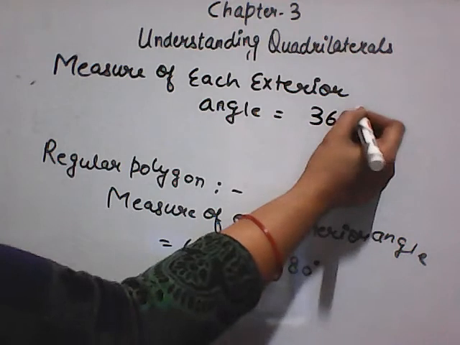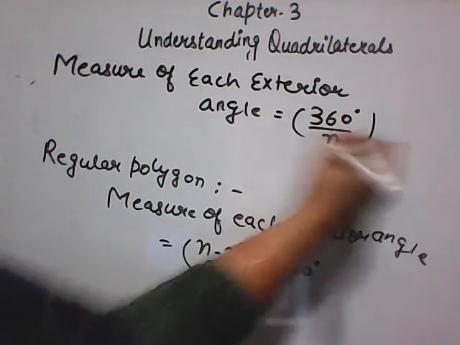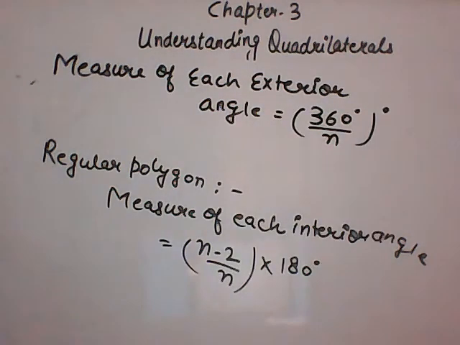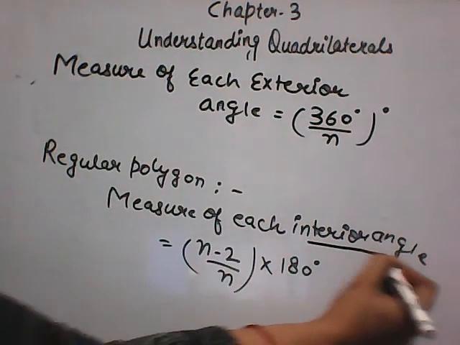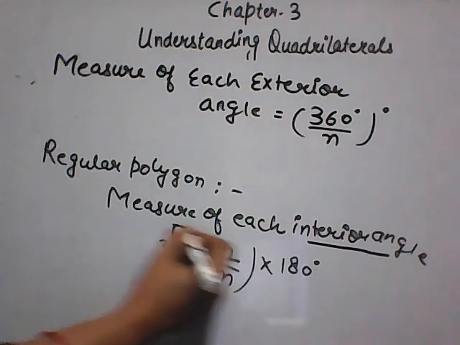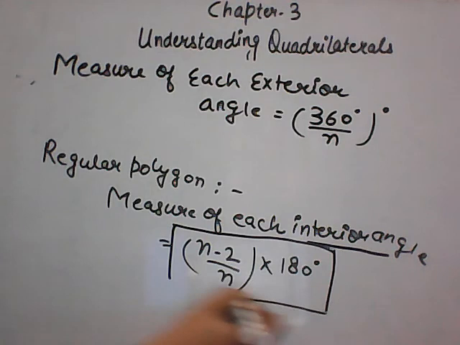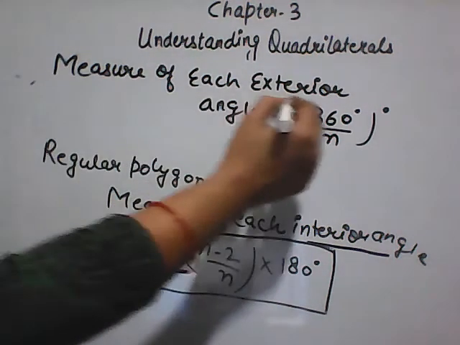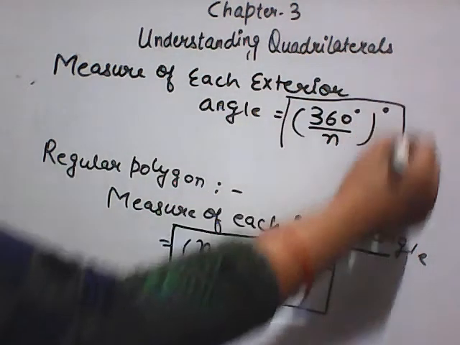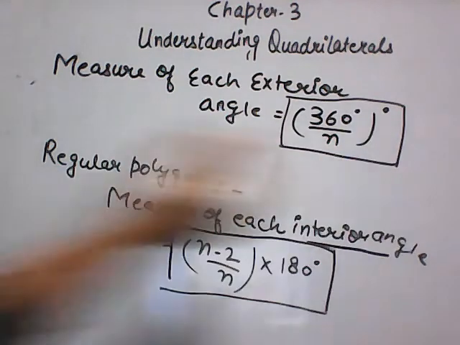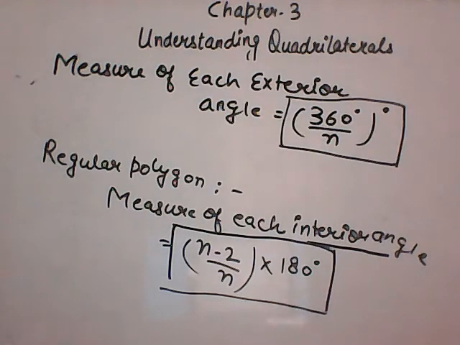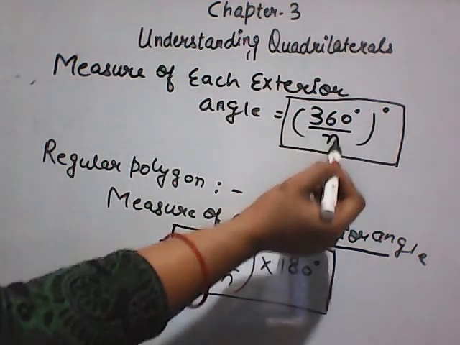In case of a regular polygon, each interior angle is (n minus 2) divided by n into 180 degrees, and each exterior angle is 360 degrees divided by n.